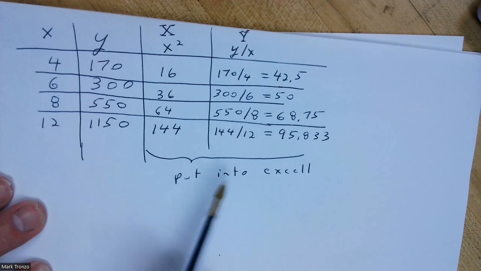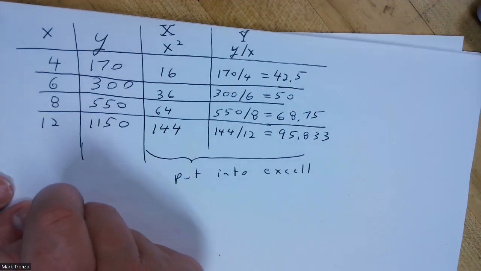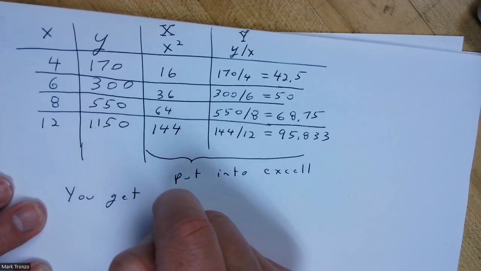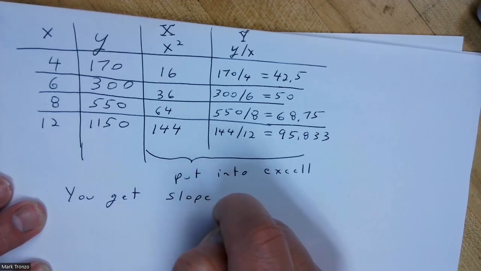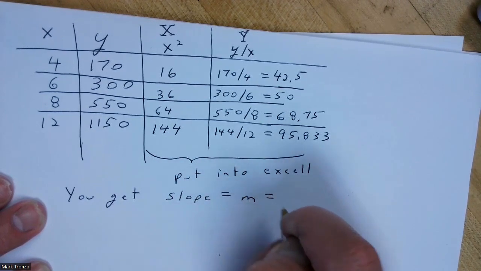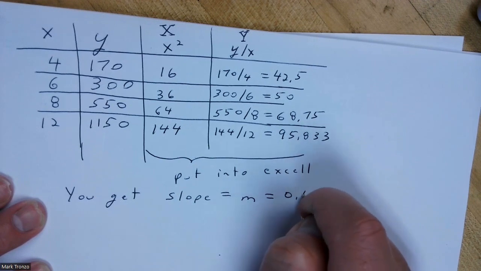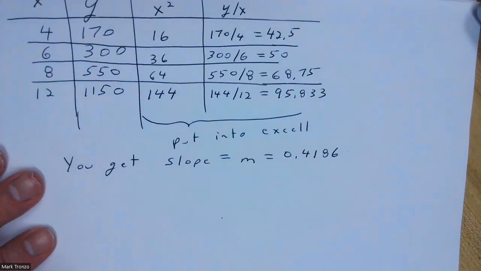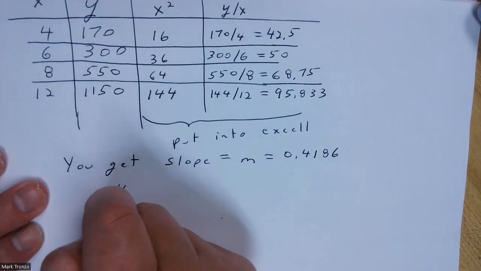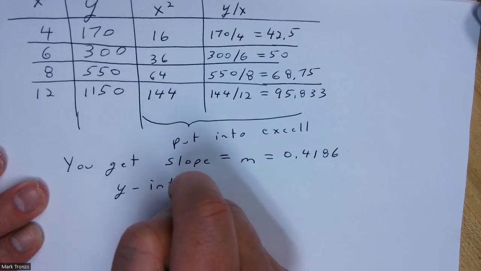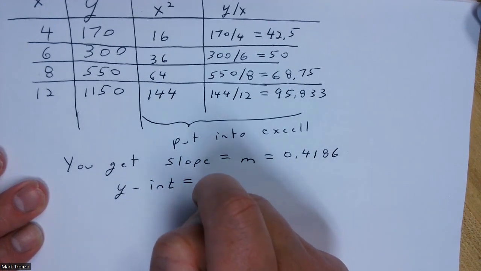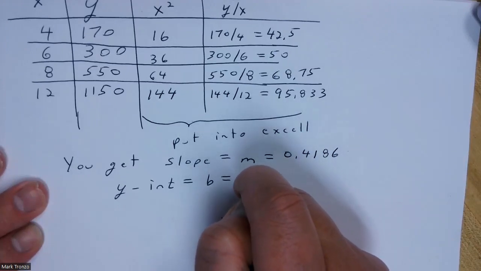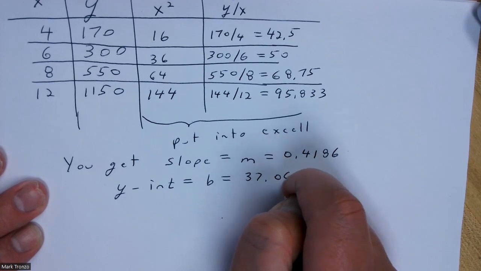When you put those into Excel, you get that the slope M is 0.4186. And you get the y-intercept, B, which is 37.065.